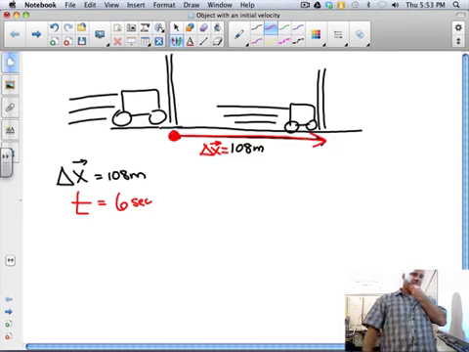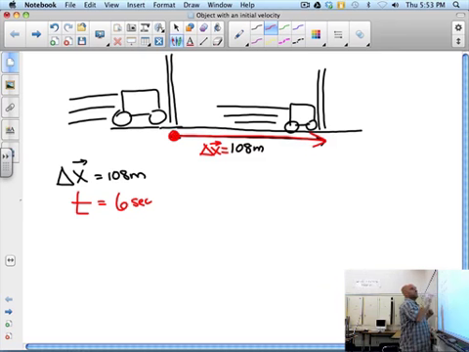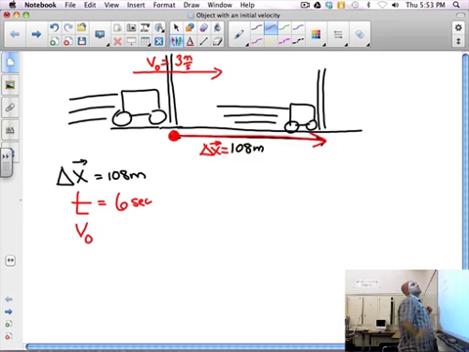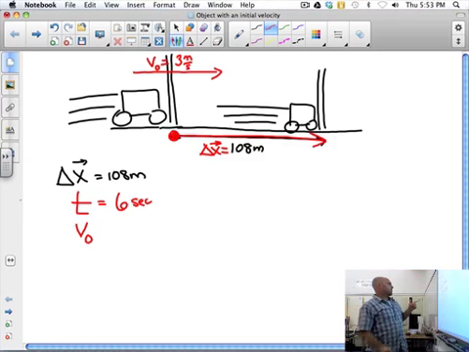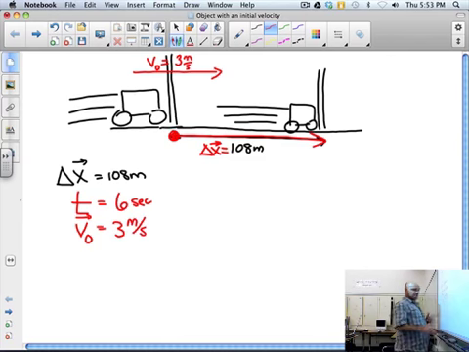And I don't know, somehow you find out that the car was moving with a velocity of 3 meters per second. Okay? So initial velocity at 0 seconds is 3 meters per second. Okay? These are the things that are given.